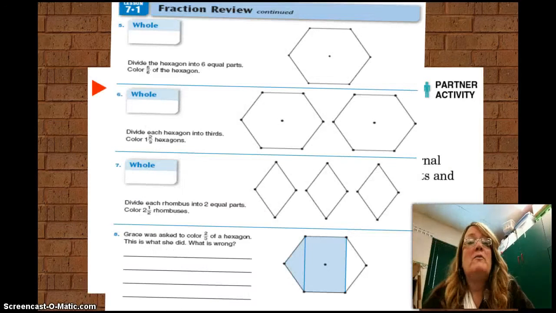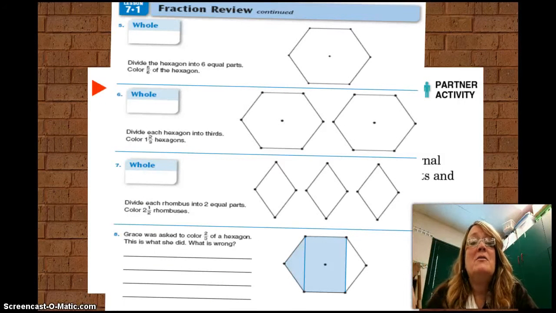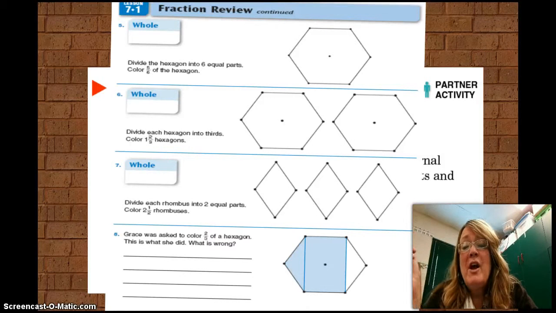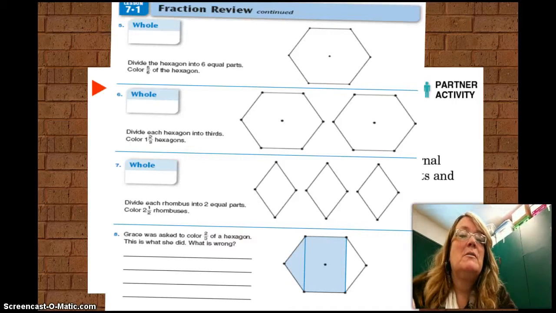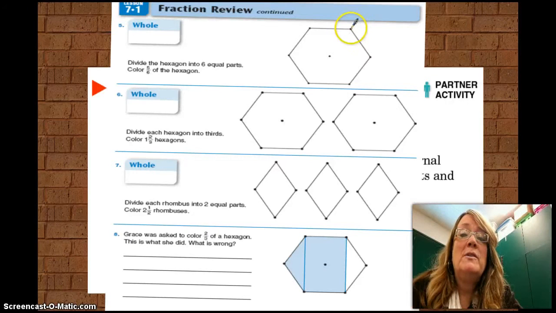For your first fraction review, you're going to be asked to divide the hexagon into 6 equal parts. Since they are equal, you are going to need to use a straight edge for this activity. So the first thing I would tell you is use your straight edge and draw to the middle dot.